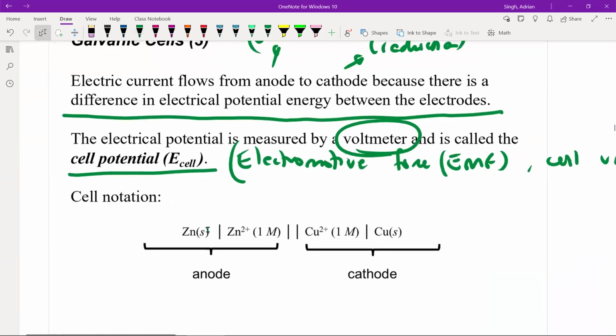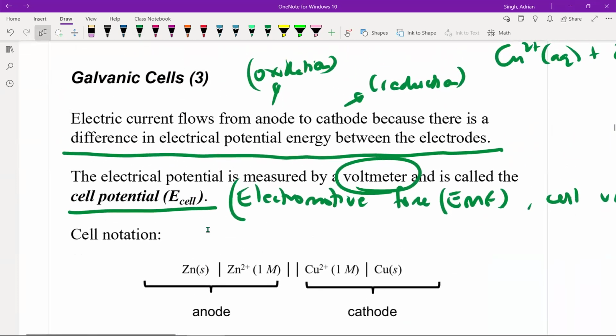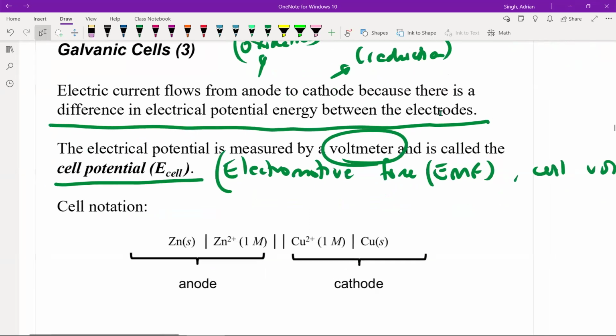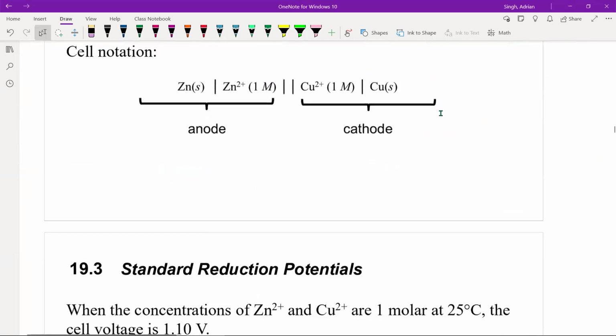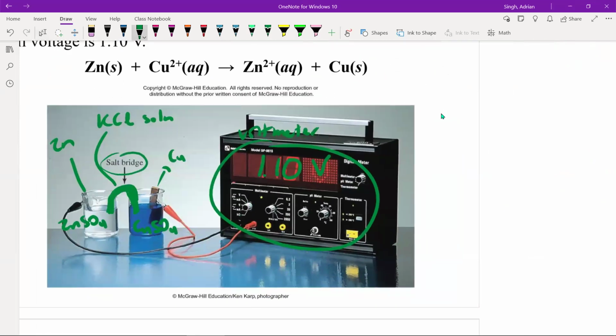So we have our galvanic cell that can be made by combining two half cells. In each half cell, oxidation and reduction are occurring: oxidation happens at the anode, reduction happens at the cathode. So that electromotive force, that EMF, that cell potential, or cell voltage that we measure, that voltage itself depends on several things.